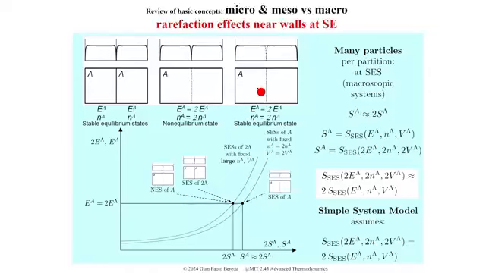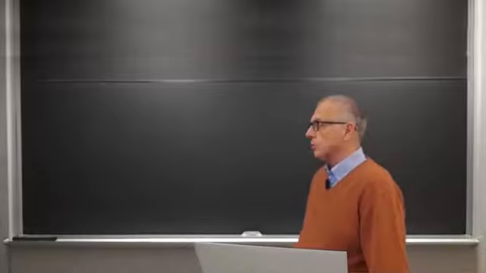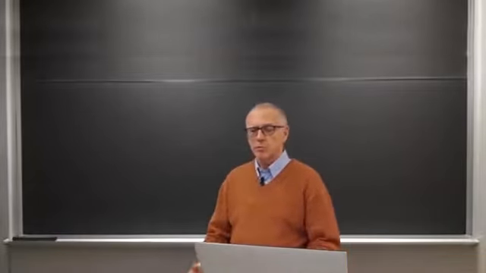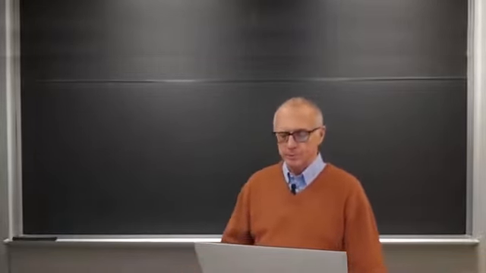And that's why we can use the many particle, simple system model for most systems, not only macroscopic, but also mesoscopic and even microscopic, as long as you don't go to just a few molecules.